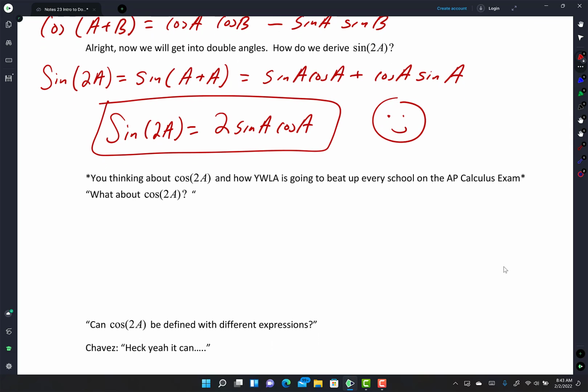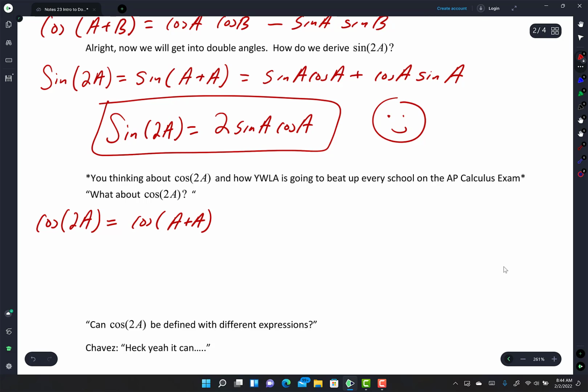What about cosine 2a? Well, let's do a hack. Cosine 2a is the same thing as saying cosine a plus a. Yay or nay? Yay. All right, it's all goodness. So I'm just going to use the top argument. I can see it at the very top. I'm going to replace the b's with a's.